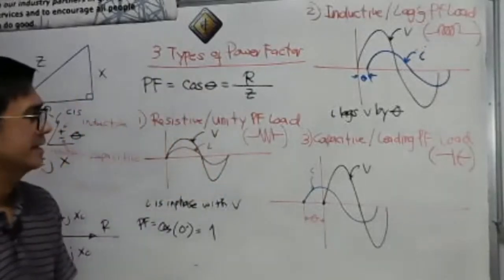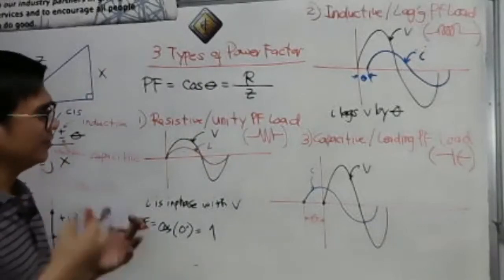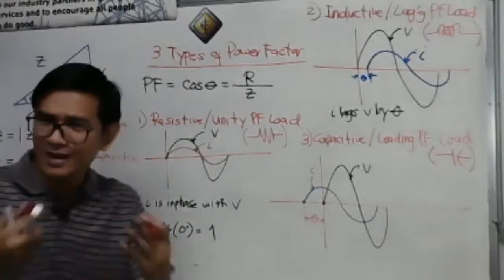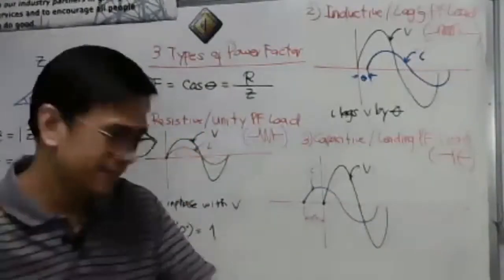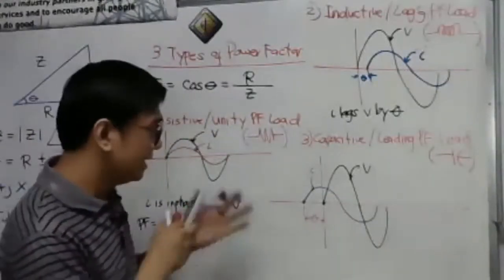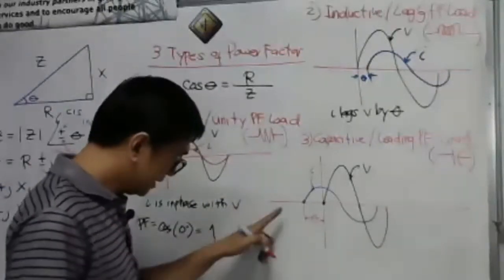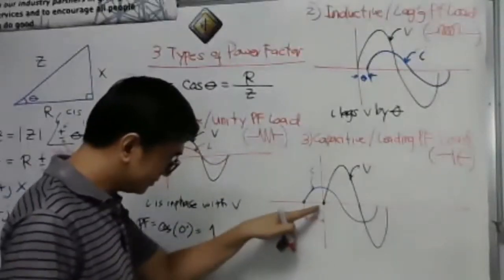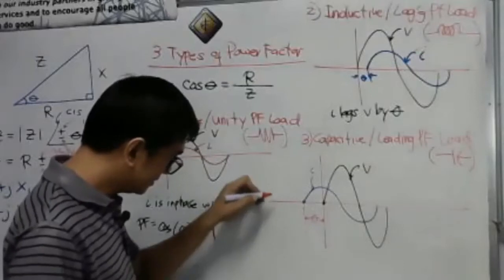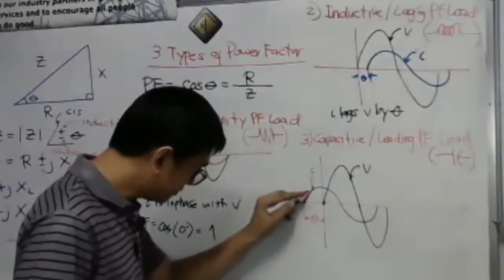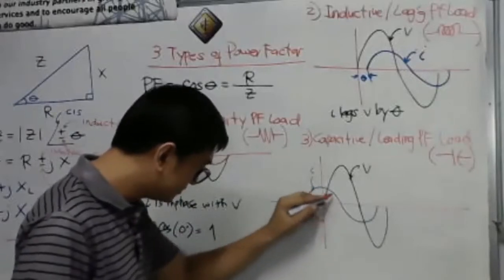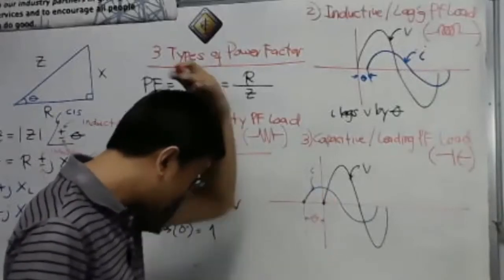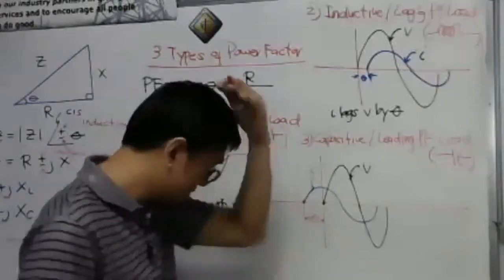But, sir, when can we say that current is leading or lagging? Okay, this is my technique. You take the two starting points. Take a look at this shape. Do you remember something with this shape? This is the shape, let's say, of a head, side view.